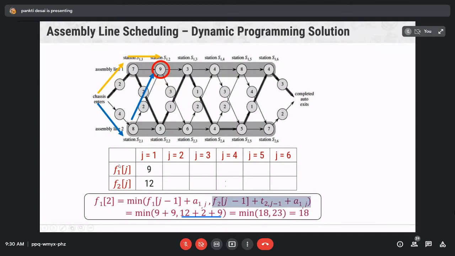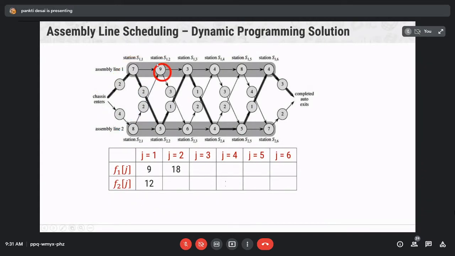So the value of F12 is 18. If you follow assembly line 1, you get the fastest possible time to reach station S12 and produce your assembling process and transfer to the next station.